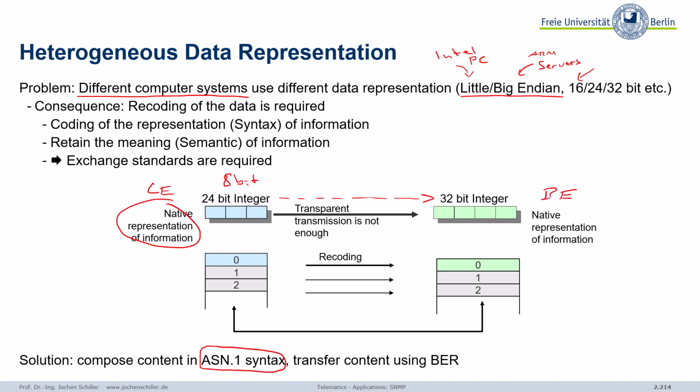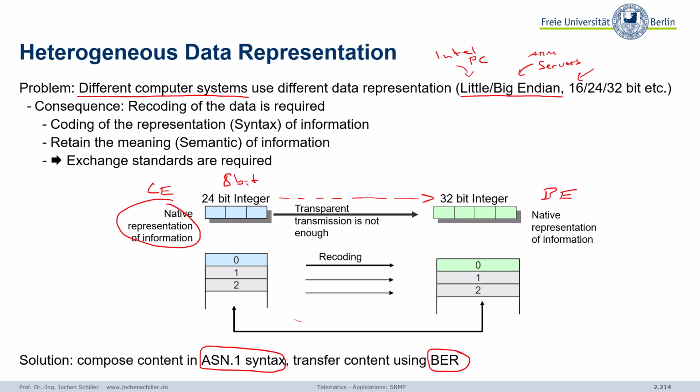So that doesn't work. So the idea is we describe it in a way that in the end we know what it means, and we also describe how we transfer everything over the network. We'll learn that this is called the Basic Encoding Rules.